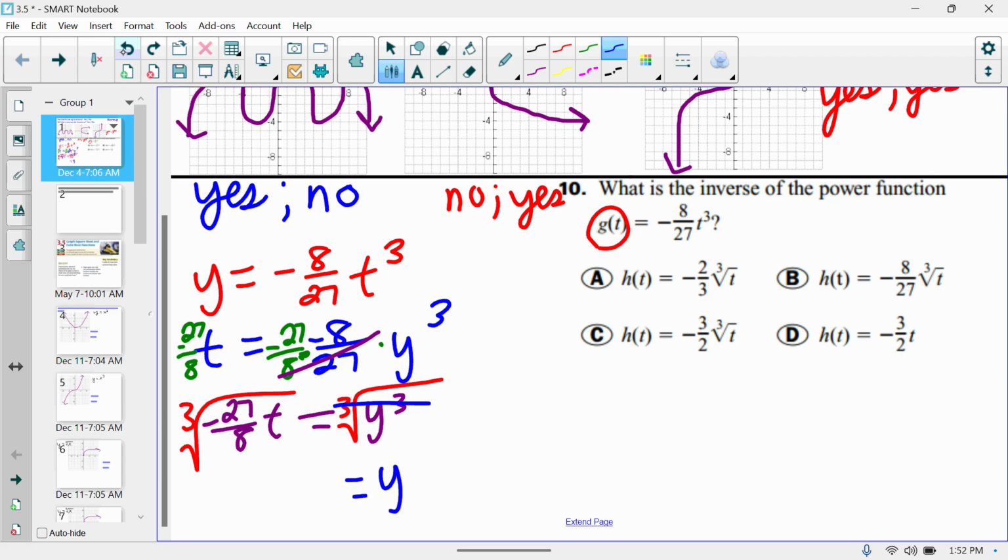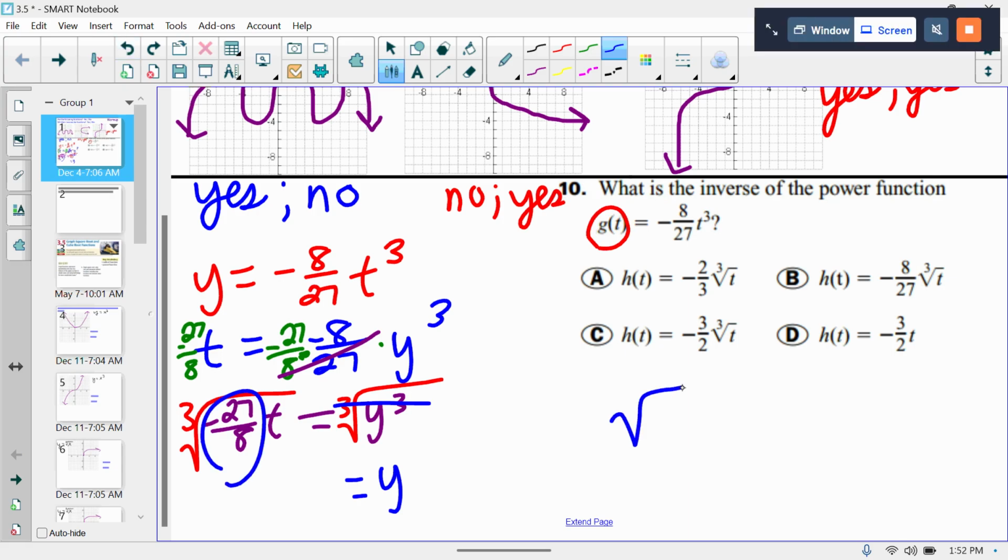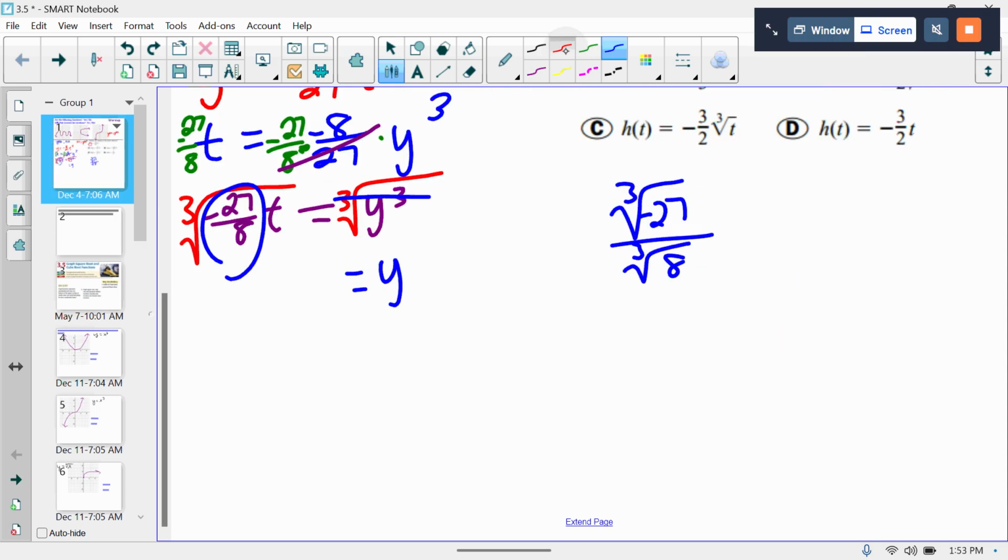Like, remember when you have a quotient, you can think about writing that as 2 separate things we learned. So you can actually take the cube root of -27 and the cube root of 8 because those are perfect cubes. The cube root of -27 is just -3, and the cube root of 8 is just 2.